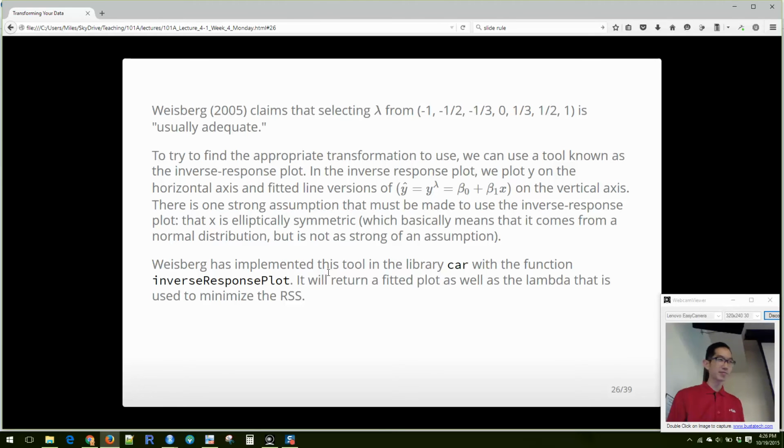But not to worry. There's no way to know if x truly is elliptically symmetric if you just have a sample of data, right? So you just look at the histogram and you say, does it look kind of normal? And you're going to be like, I guess, and then you fit it, okay?